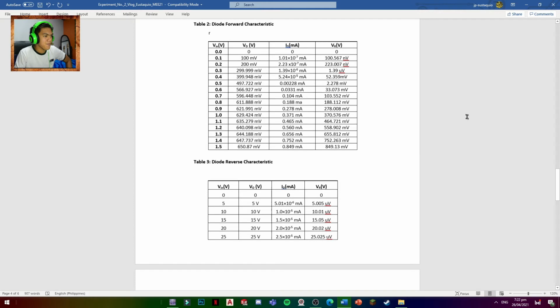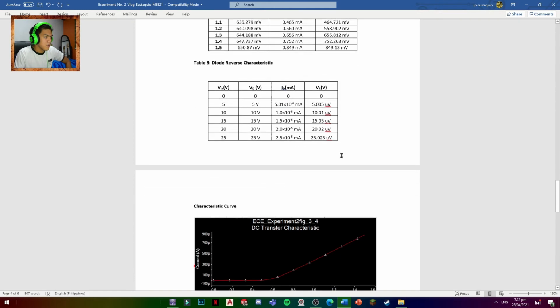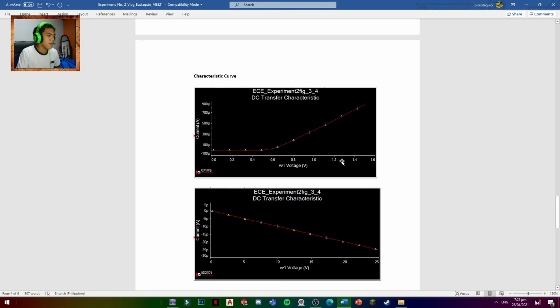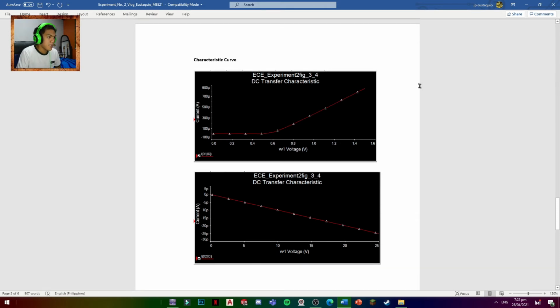Okay, let's go to the characteristics curve. This is what I have collected from the multi-simulator. First, I'm going to show you how I was able to plot the characteristic curves of figures 3 and 4.